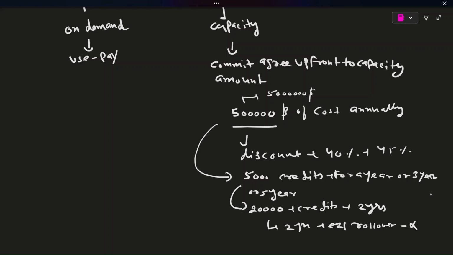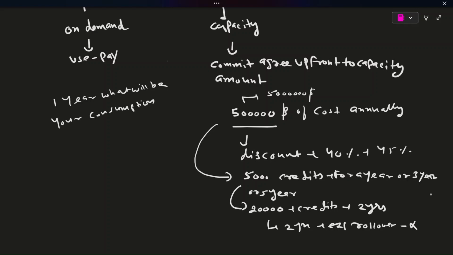So see, on the first day you are not going to know what your year consumption will be, right? For 1 year, what will be your consumption? You are not going to get it on the first day.